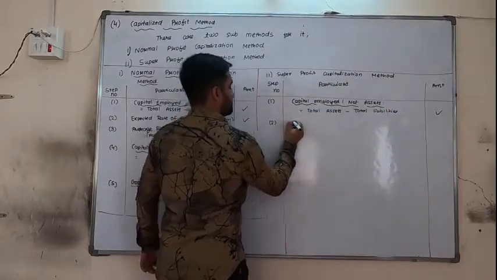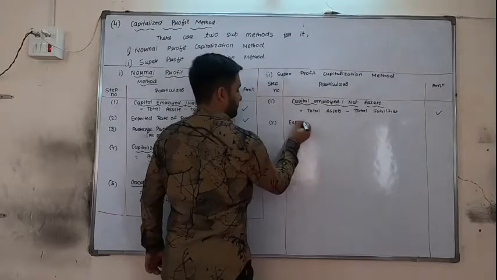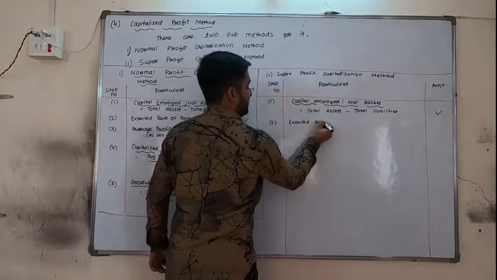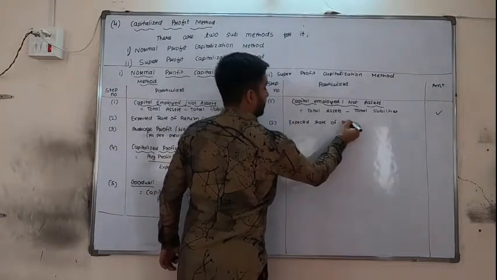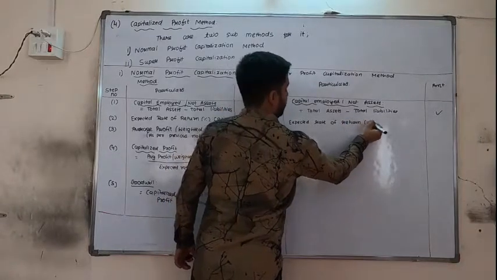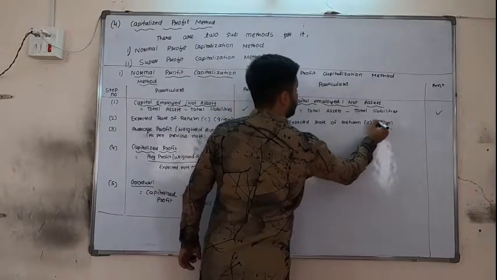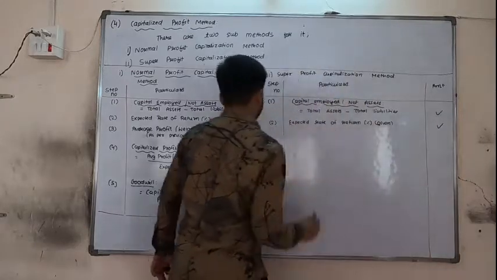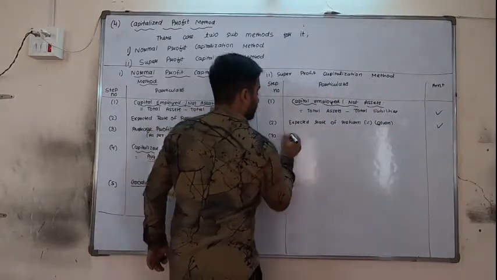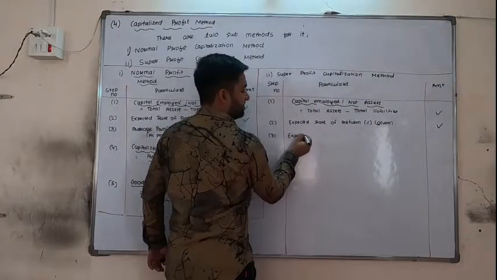Second step was expected rate of return in percentage, and it will be given. Third step was expected profit. Same steps are here.